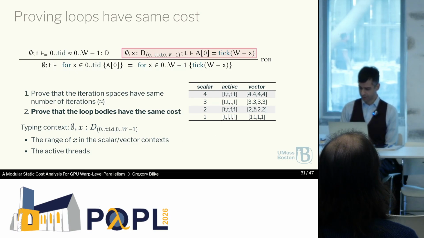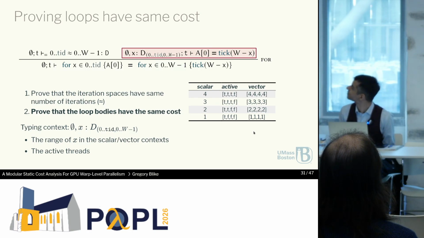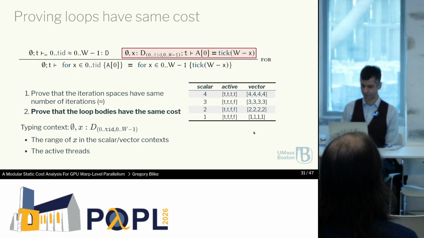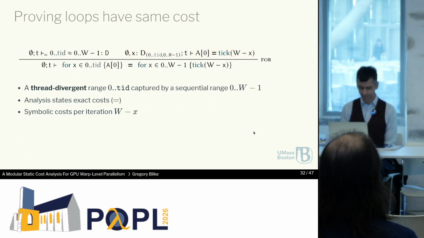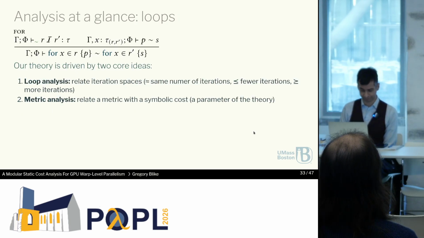And we can see here on the right what we saw earlier from the example of the costs between the scalar and vector costs. And here's where that array access is a series of numbers. So that thread divergence is captured in the type annotation for X. We see that we have exact costs and the symbolic costs per iteration.